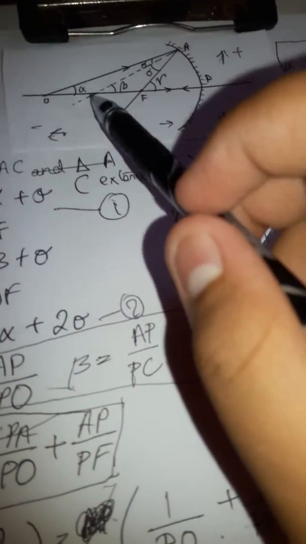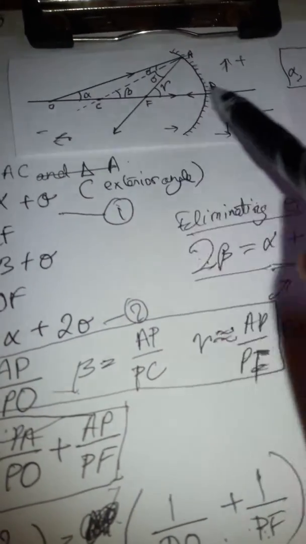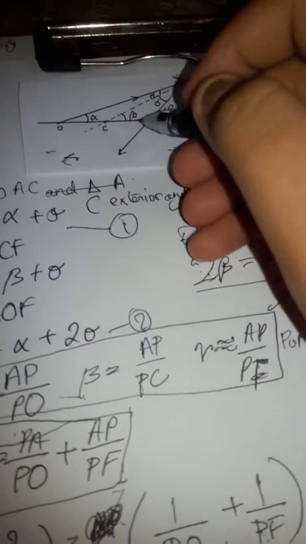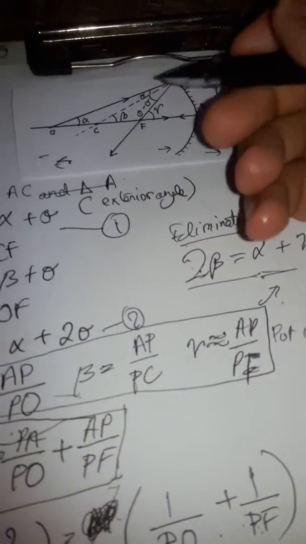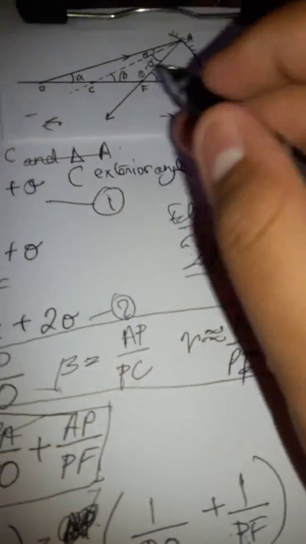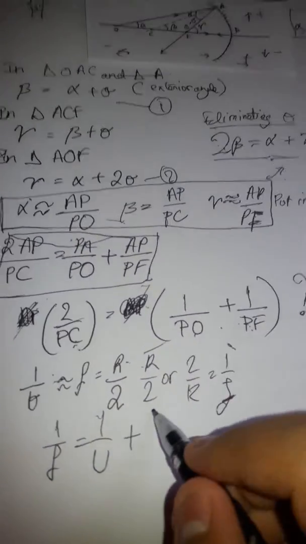And it's even going through the center of curvature, so it's obviously going to return back. So the image is forming here. Image O dash is the image. Image is formed over here. So the distance of the image PF is v, 1 by v.